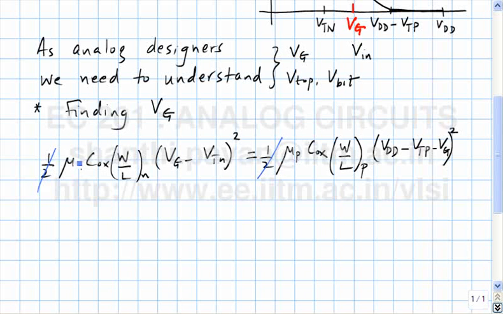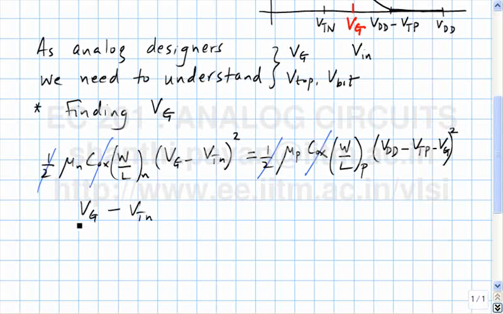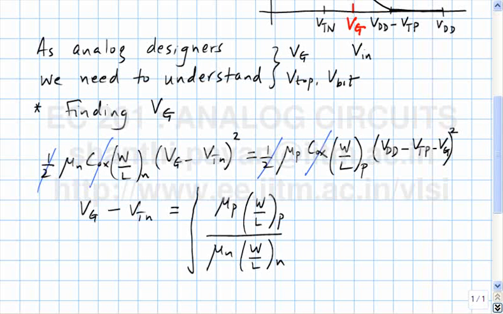I get rid of the half and Cox, and I am left with VG minus VTN, which is nothing but the square root of mu P times W by L of the PMOS device divided by mu N times W by L of the NMOS device, times VDD minus VTP minus VG.